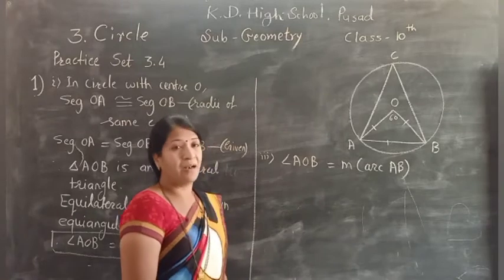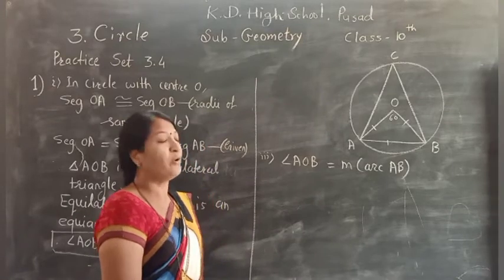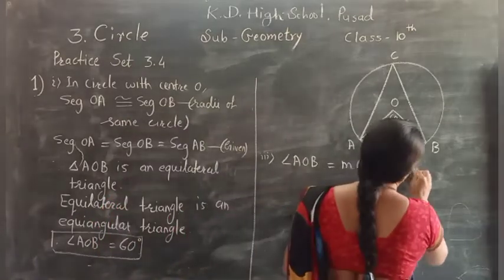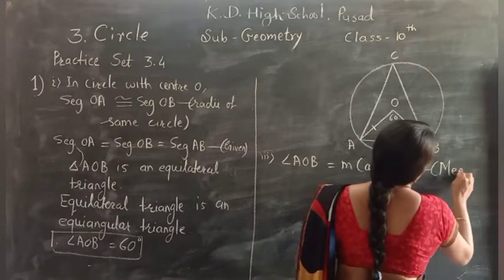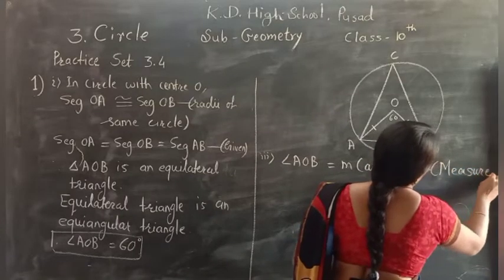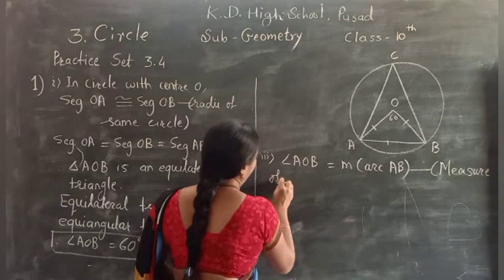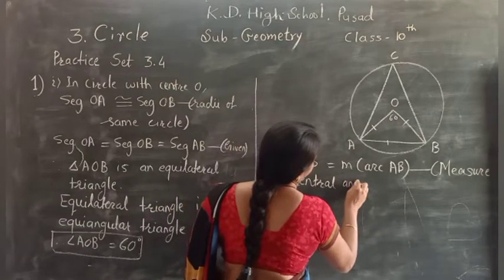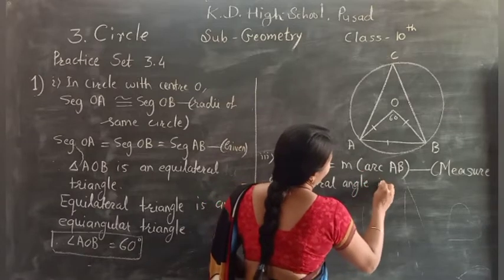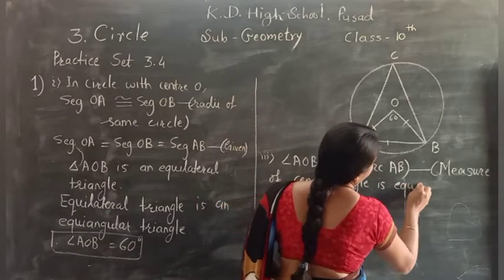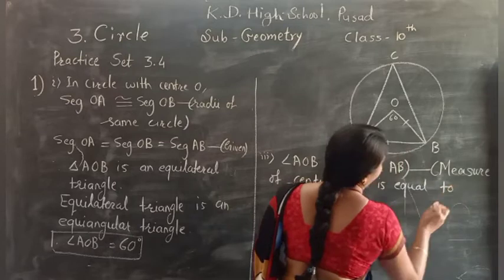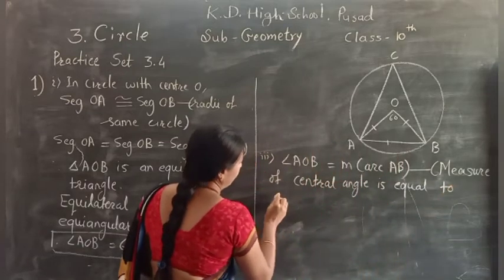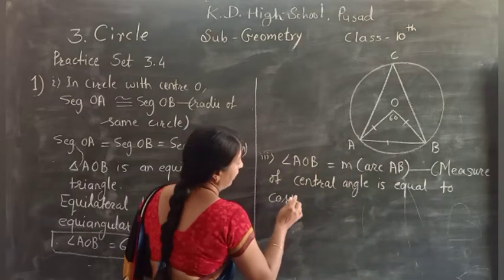Measure of central angle is equal to the measure of corresponding minor arc.